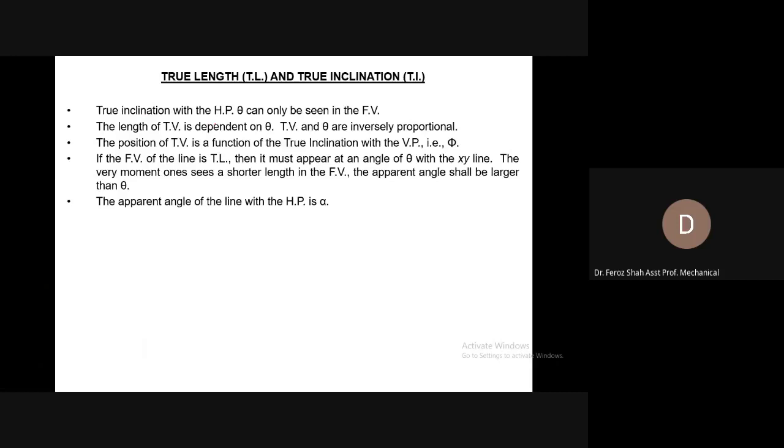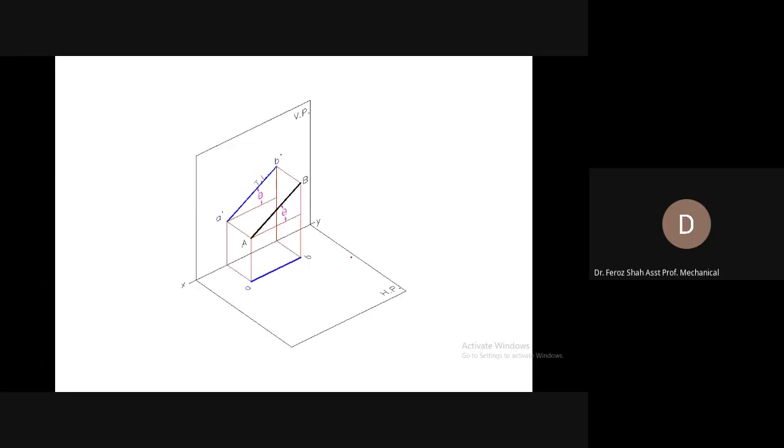True inclination with the horizontal plane theta can only be seen in the front view. You can see here that the line AB, which is in this instant inclined to only a horizontal plane. You can see the end distances of the line AB from the horizontal plane.